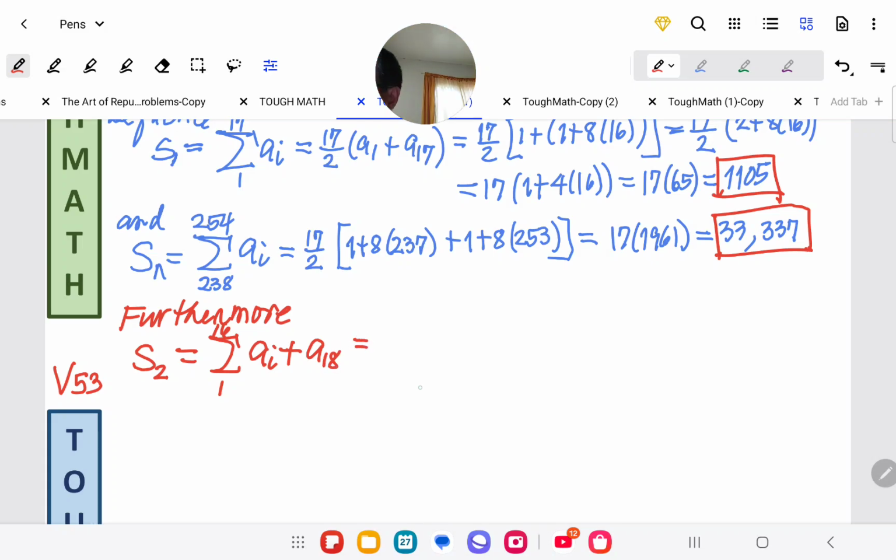So we have the first sum from 1 to 16, 16 over 2 times a sub 1 plus a sub 16, and then a sub 18 is 1 plus 8 times 17.